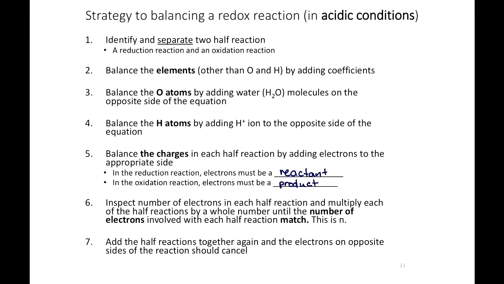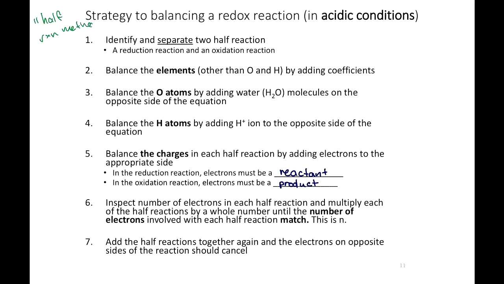All right, so here's the strategy to balance a redox reaction, and the way we do it is we call it in acidic conditions, and you'll see why. So this is the strategy, all right? First, you want to label all of your oxidation numbers of your atoms to figure out what's being oxidized and what's being reduced. This method is called, I think, the half reaction method, and you'll see why.